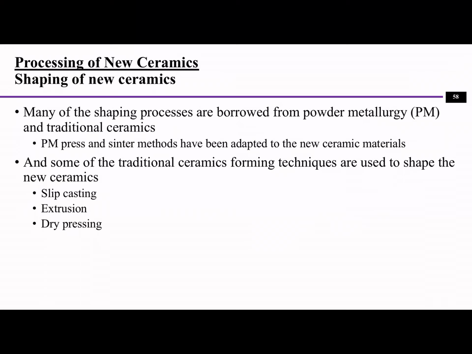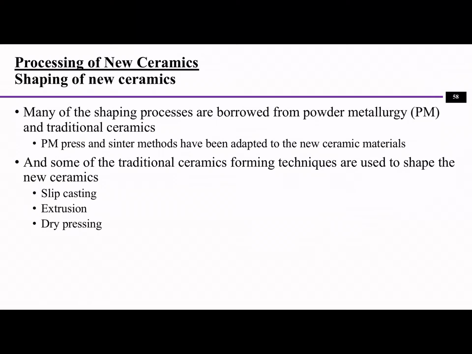For shaping of the new ceramics, many of those processes are actually similar to powder metallurgy. We can use a press to shape them, and also sinter them together. The same method can be applied to new ceramic materials.